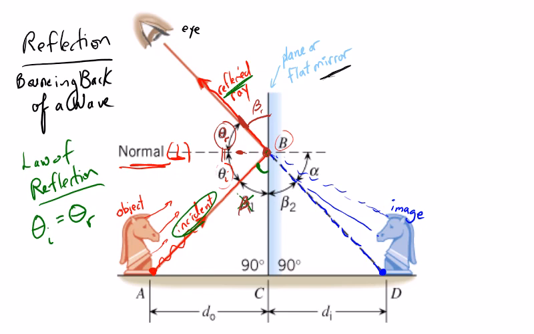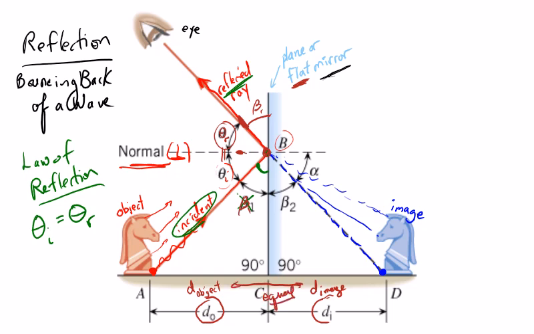The other part that's kind of neat about reflection on a flat mirror is we have this down here at the bottom. I've got DO and DI labeled. And what they stand for is DO is our object distance, so the distance to the object. And then DI over here is the distance to the image. And when you're dealing with a flat mirror, the other thing you should always find is these two are equal to each other as well.